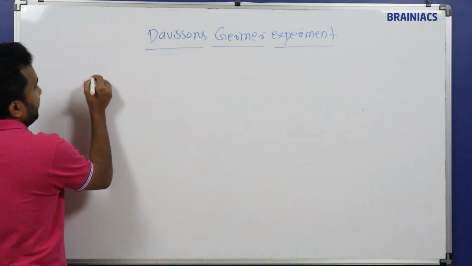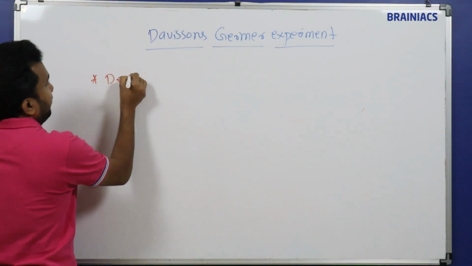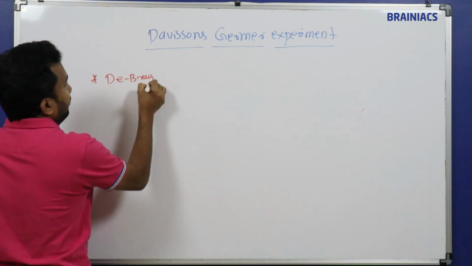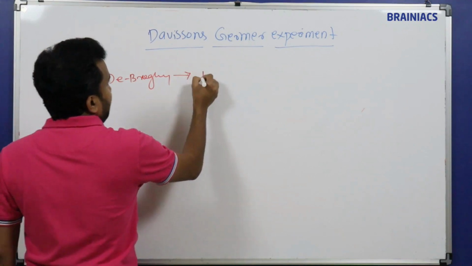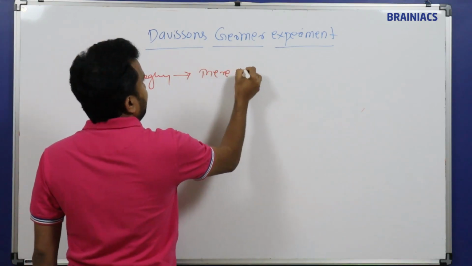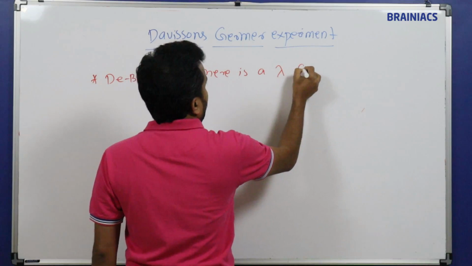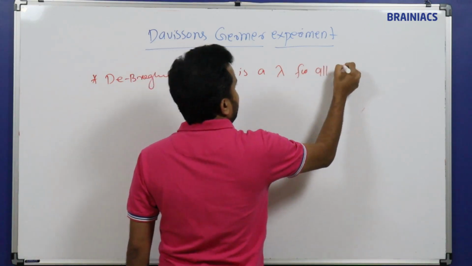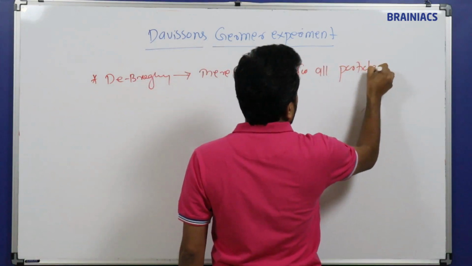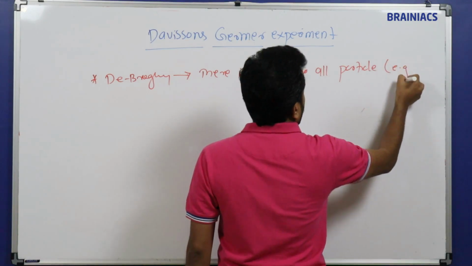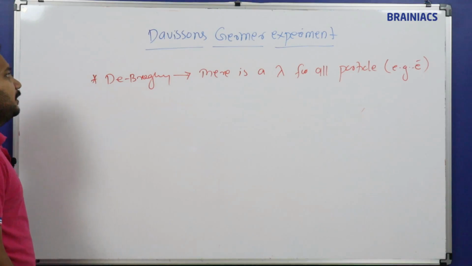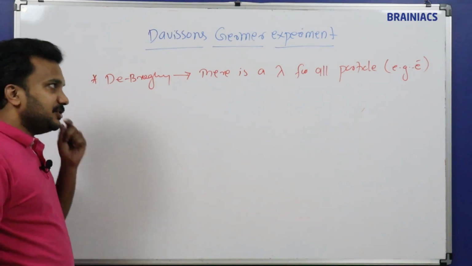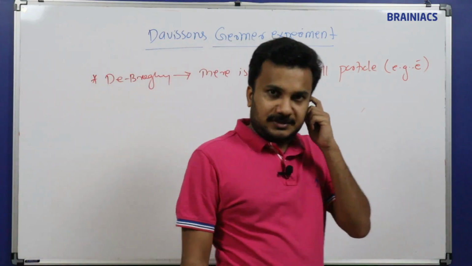So let's summarize the points. De Broglie proves that there is a lambda for all particles, for example for electrons. So electrons will have a de Broglie wavelength as well.